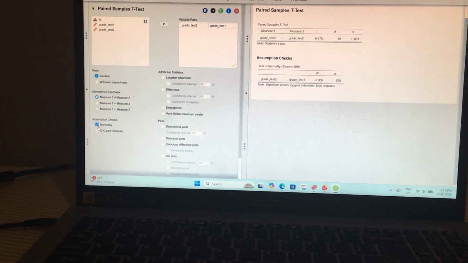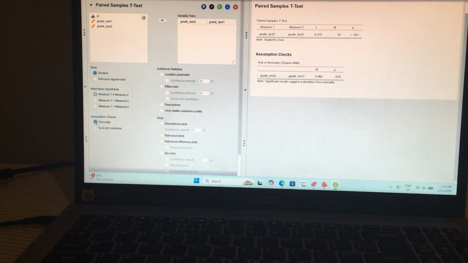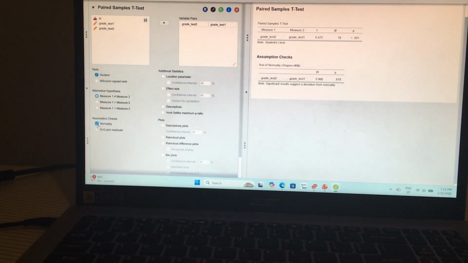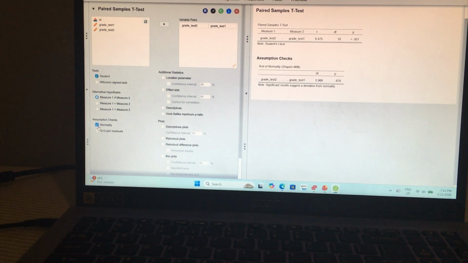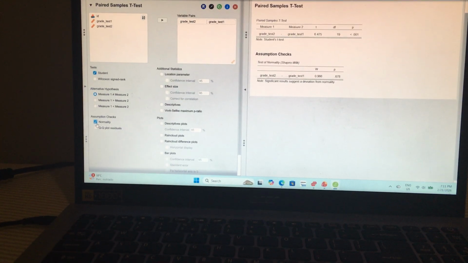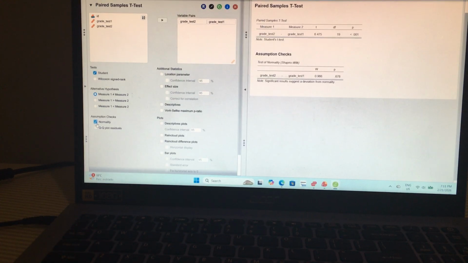Ours was 0.97. Their p-value was 0.69 and ours was the same. So essentially the output is pretty much exactly the same, even though we only had 20 values in our paired samples test and they had 100.